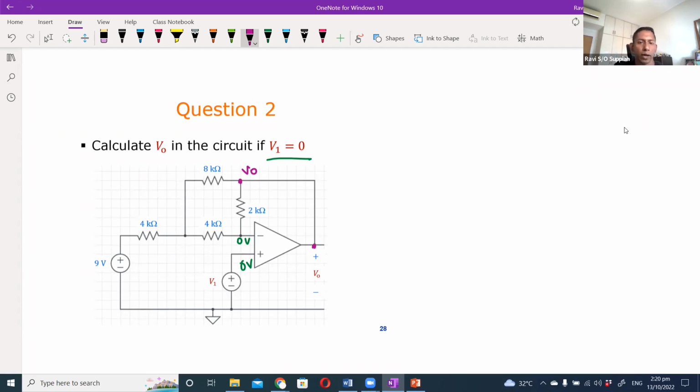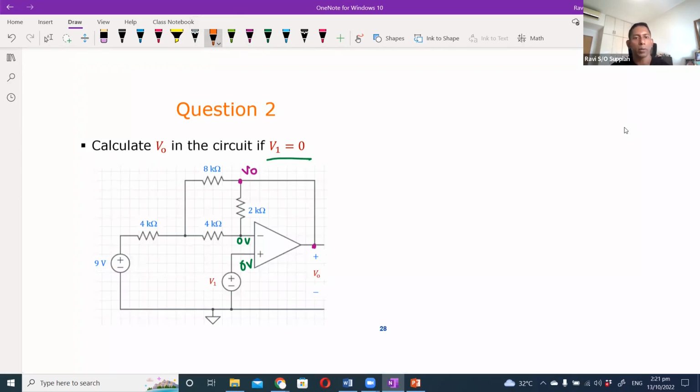That means we define nodes, and from the nodes that we define, we come up with expressions and then solve for the unknown. It's very similar to what we did in the first half of the module. The only thing is we are now applying the same technique to resistors connected to an op-amp. Other than that, the principle remains the same.